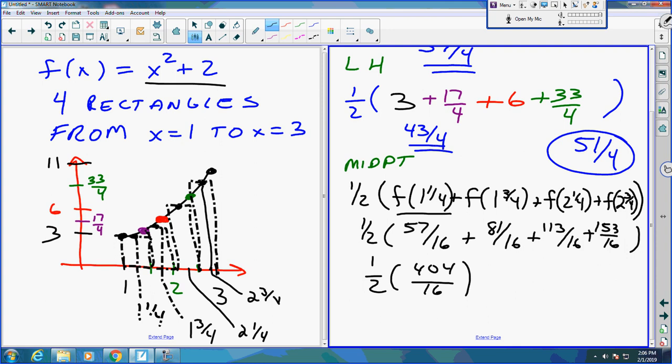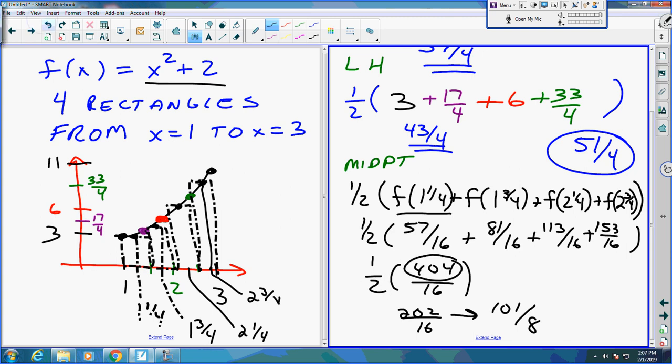Everybody, hopefully you can see that you can use a little bit of cancellation. They're still both even. Everyone, I want to be clear about this. 51/4. Okay. Give me a minute. Yeah, because I took 404 divided by 2. Yep.